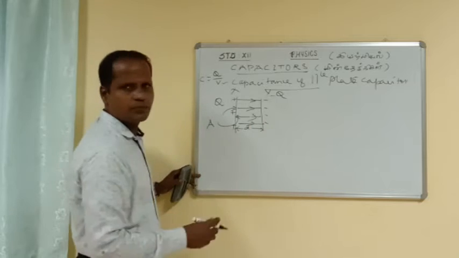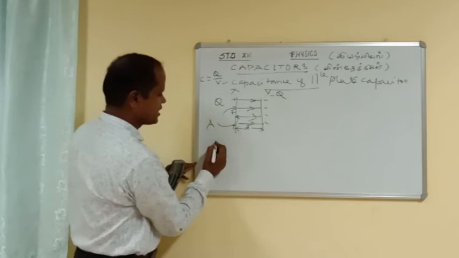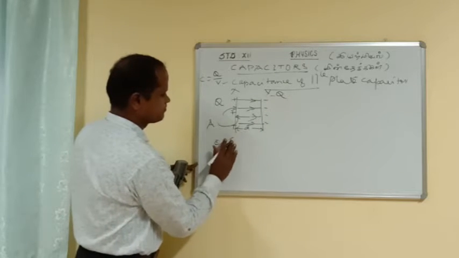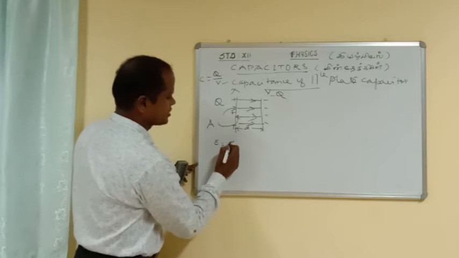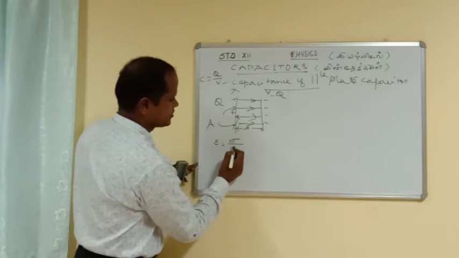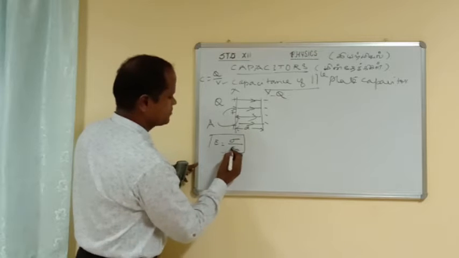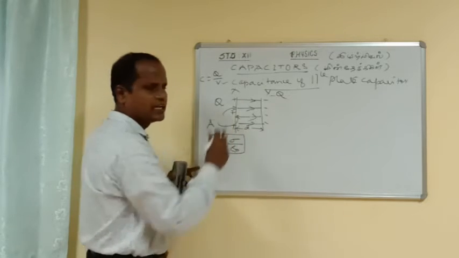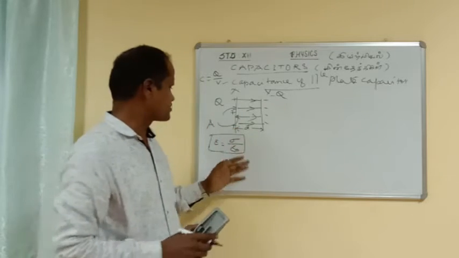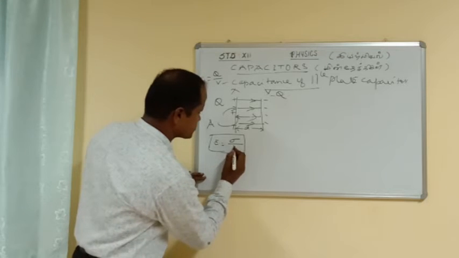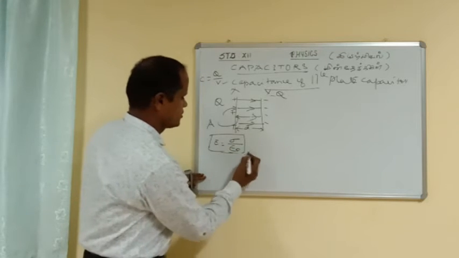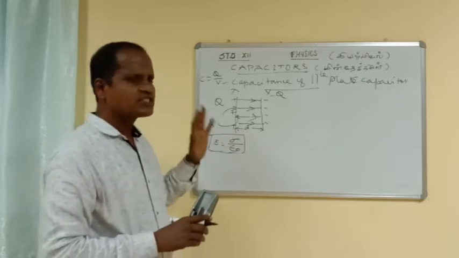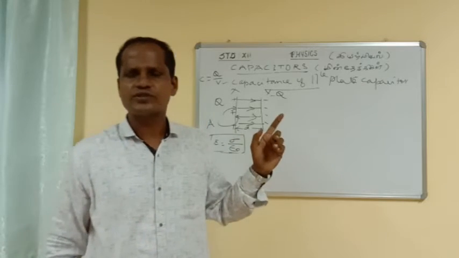So what's the value? Electric field at any point inside between the plates, E value is equal to what? Sigma by epsilon naught. This is the E value at any point inside. Already we have seen sigma by epsilon naught. Next, what is sigma? Sigma is the surface charge density.